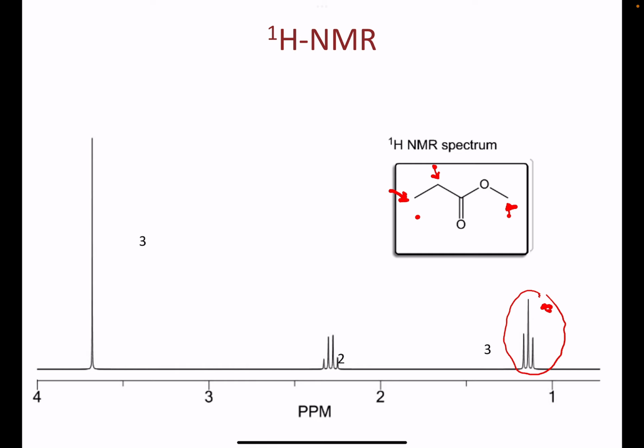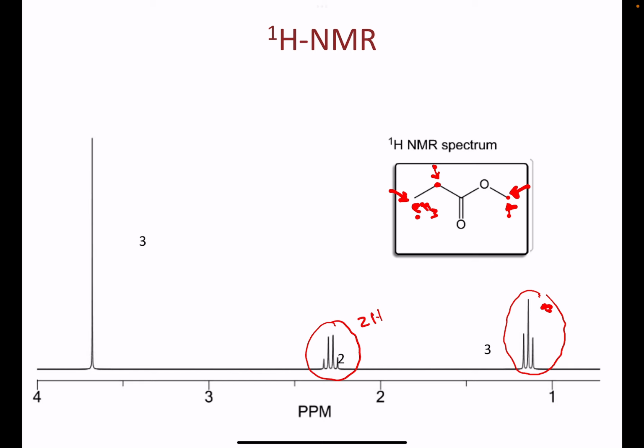And then the second one is going to be this CH2, not the CH3 on the alcohol. The CH2 will give you a quartet because it's going to be split by the three protons of the CH3 on the left hand side, and this is the signal from the two protons, so two protons and a quartet.